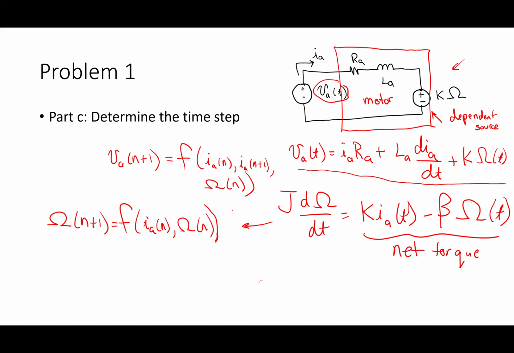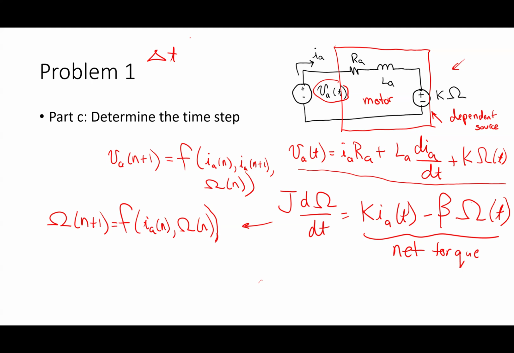That's part B. Part C is to determine the time step. What I tell you to do when you do this is to look at the two equations and their transient responses. Because remember our discussion about choosing the delta t? These are both first order differential equations.